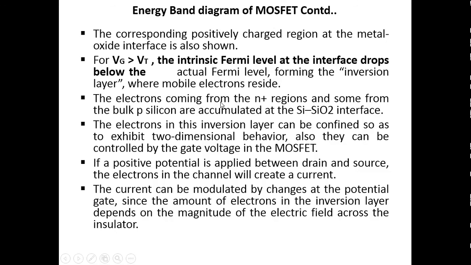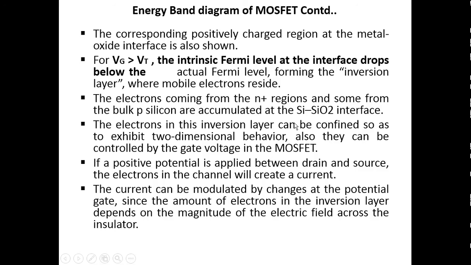The electrons come from the N positive region, that is the heavily doped N region, and some from the bulk P region, and are accumulated at the SiO2 interface. SiO2 means silicon and silicon oxide. Silicon oxide is the gate oxide material, silicon is the substrate material.